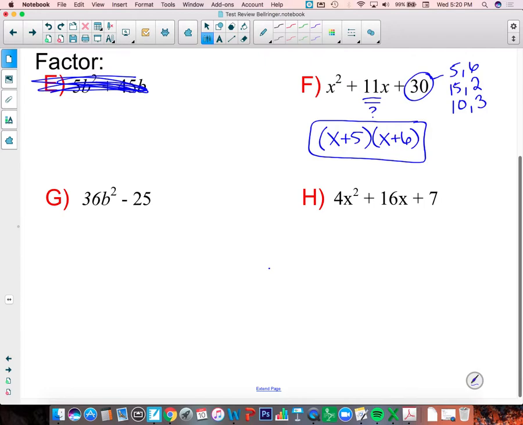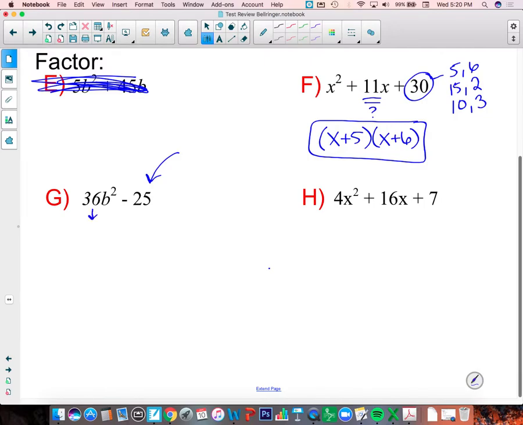All right, so over here, letter G. This is the difference of squares. You can recognize that, remember, by looking to see if you have perfect squares for both of those. 36 is a perfect square, 25 is a perfect square. There's only 2 terms that are being subtracted, so it's difference of squares. So then we just pretty much take the square root of the numbers that we have and write them out.